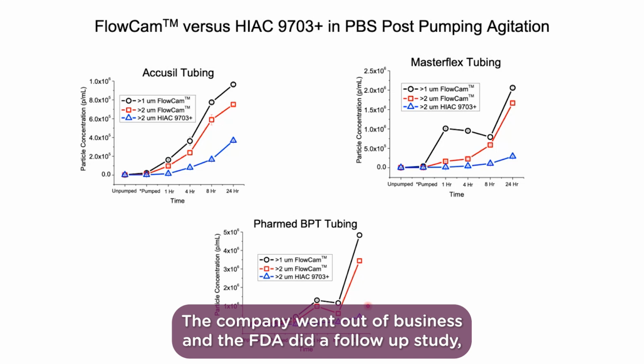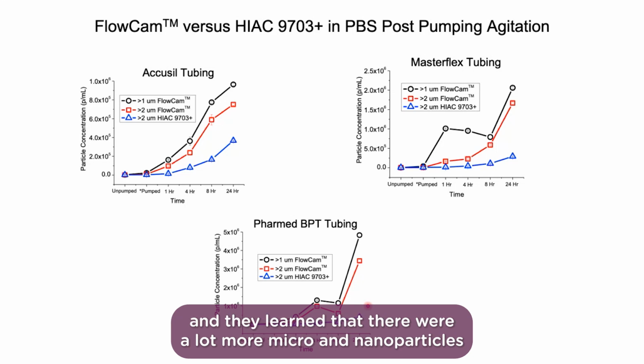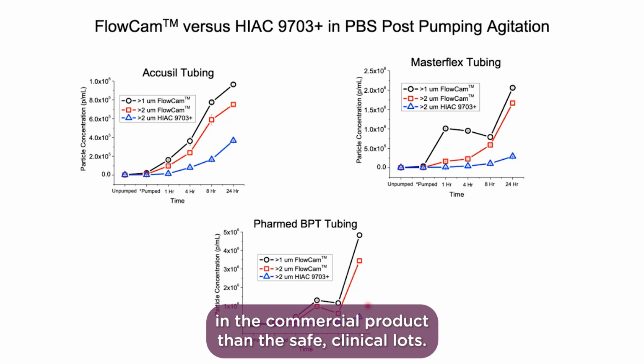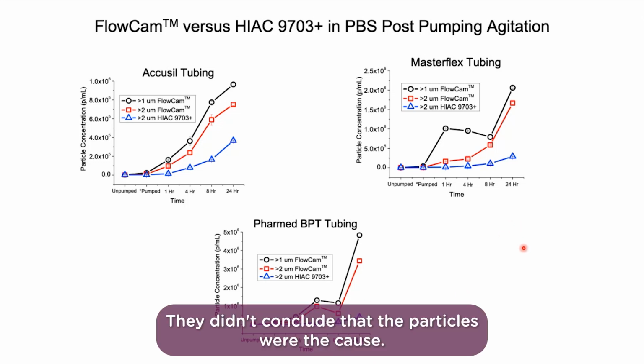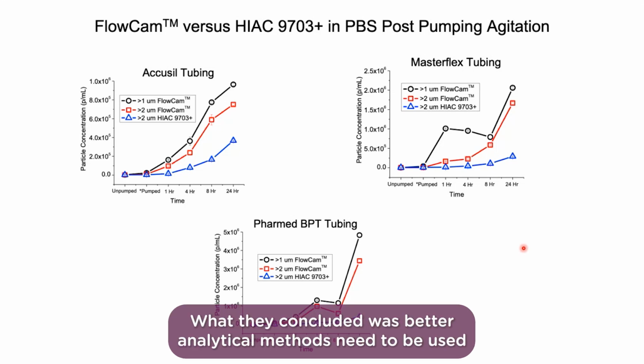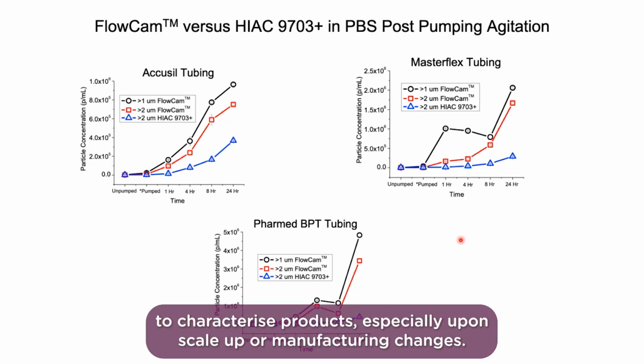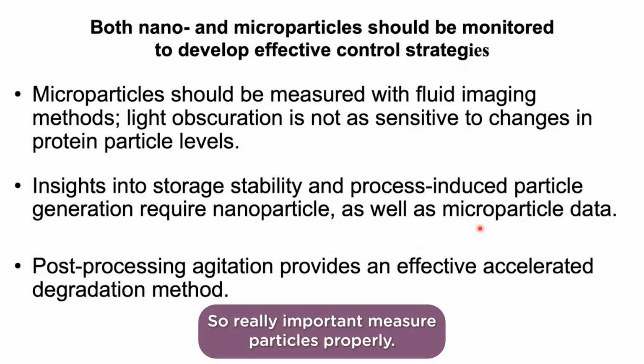And the FDA did a follow-up study, and they learned that there were a lot more micro and nanoparticles in the commercial product than the safe clinical lots. They didn't conclude that the particles were the cause. They didn't have data for that directly. What they concluded was better analytical methods need to be used to characterize products, especially upon scale up or manufacturing changes. So really important, measure particles properly.